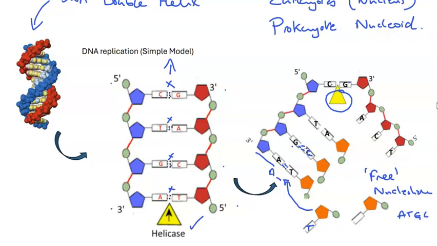Then the next one is thymine, which will attract in an adenine base, and they will complementary base pair as well. This is also happening on this side of the molecule, but for space-saving reasons I didn't show that. And so the helicase continues to unzip the DNA molecule, breaking the hydrogen bonds, and behind that the bases come into position, complementary base pairing, not only on this side, but on this side also.